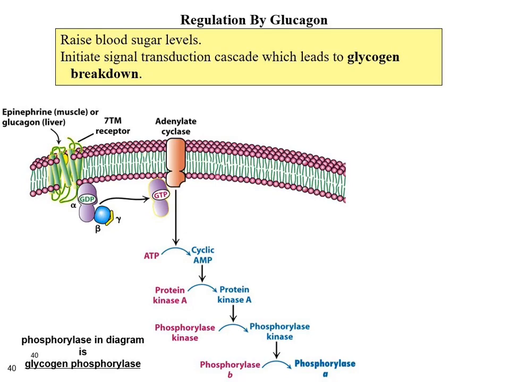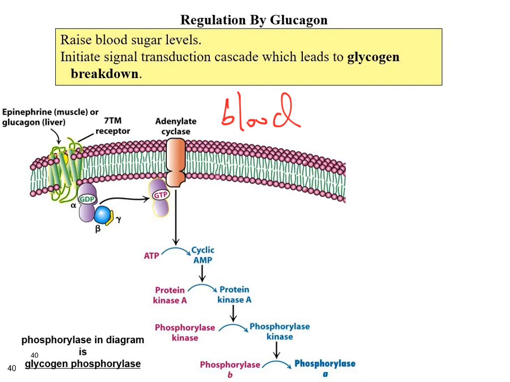Glucagon does it by using a signal transduction pathway, the G protein coupled pathway. You can think about this as being a liver cell. Here is the blood up here, and glucagon is in the bloodstream because it was released to tell all the cells, hey, we're low on sugar.